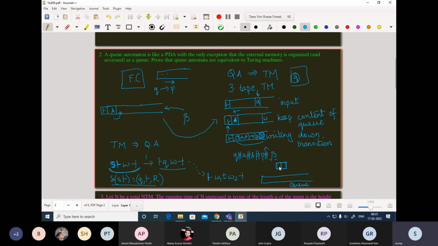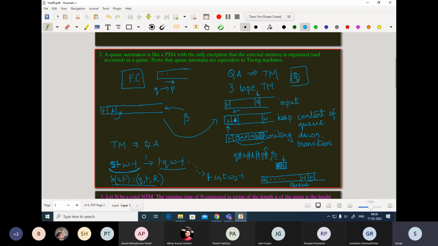The right hand side of this position will store the current state, and there will be some alphabet C before this, and the leftmost element of the Q will denote the alphabet that my tape head is reading, and then you have the rest of W, and then you have the right hand marker.